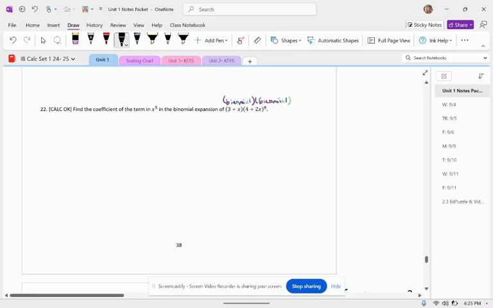Here's what we've got. I just want to speak in generalities over here. What happens if you are looking for the coefficient of the term in plain old x to the first when you expand a binomial times a binomial? Well, you would get an x to the first from this piece in the first term times the other binomial, but you would also get an x to the first from this piece in this binomial times the other.